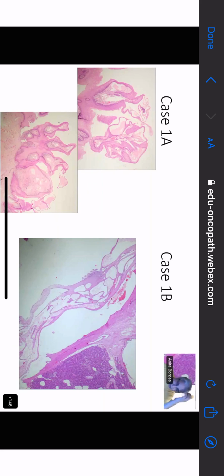All right. Now, can I ask you about this case, 1A? You said something about these being papillary processes. Isn't that right? Yes, ma'am. All right. So now, would you like to tell me why you think that these are papillary?